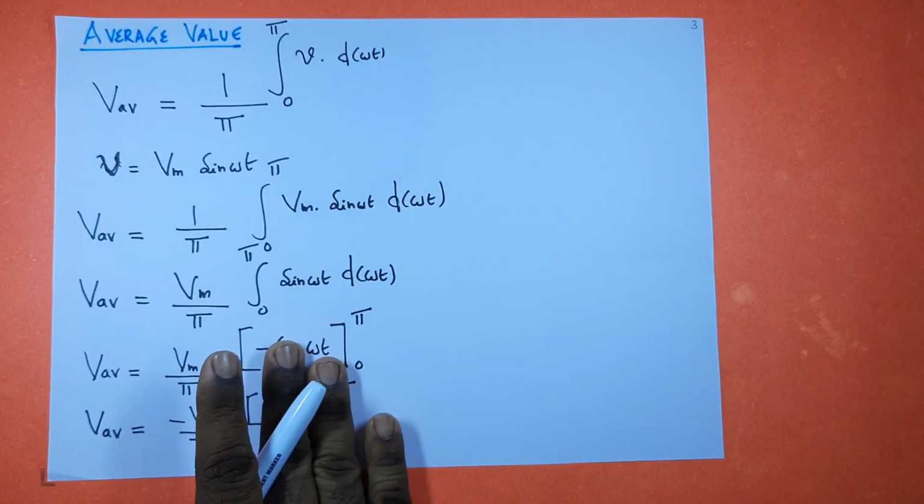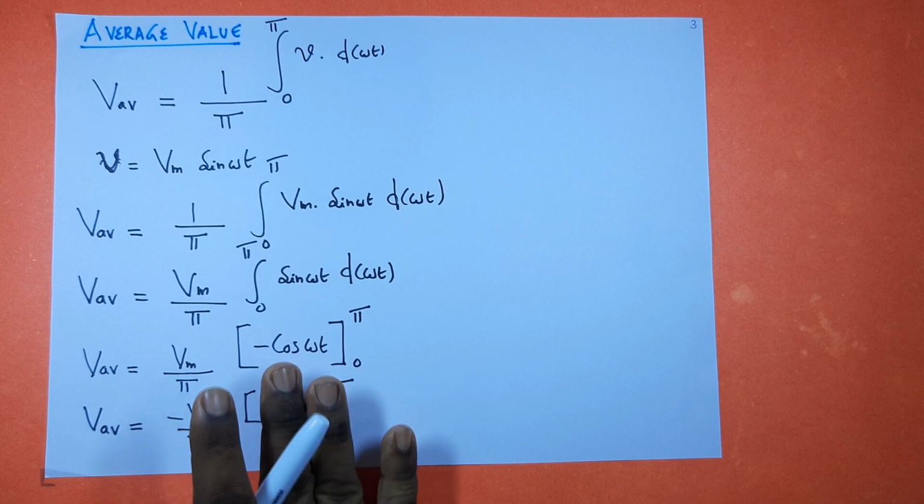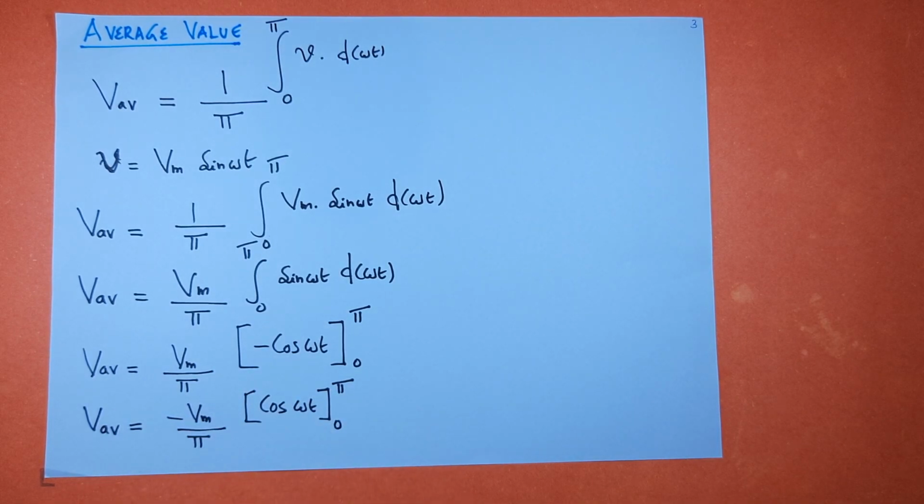Next you have the average value, and all these things we discuss with respect to the sinusoidal waveform, because that is what we are going to use almost 99% in our analysis. So the average value by definition is nothing but the area under the half cycle divided by the length of the cycle.